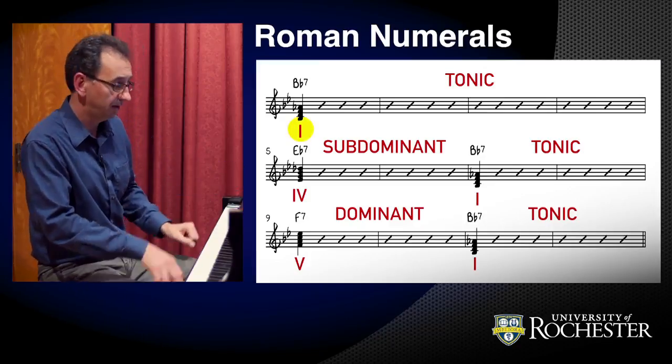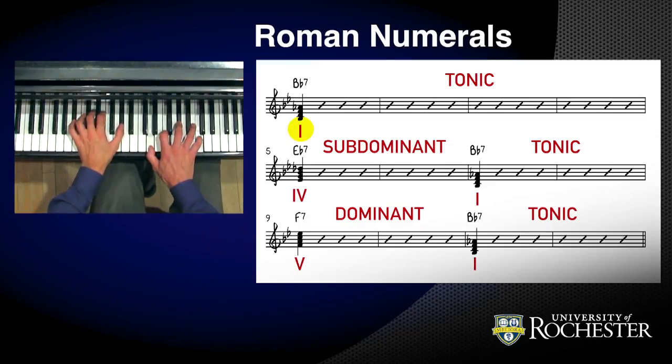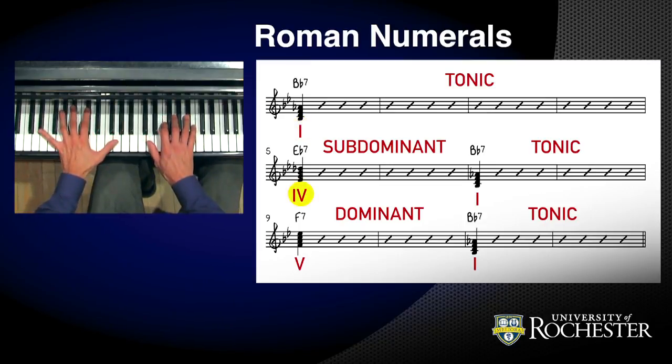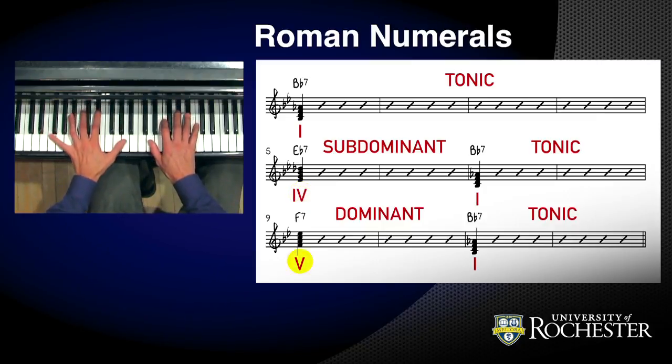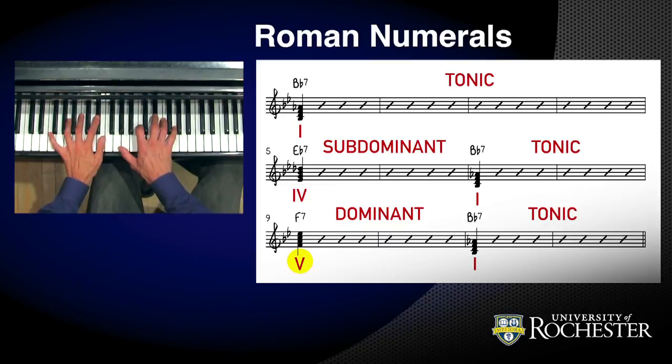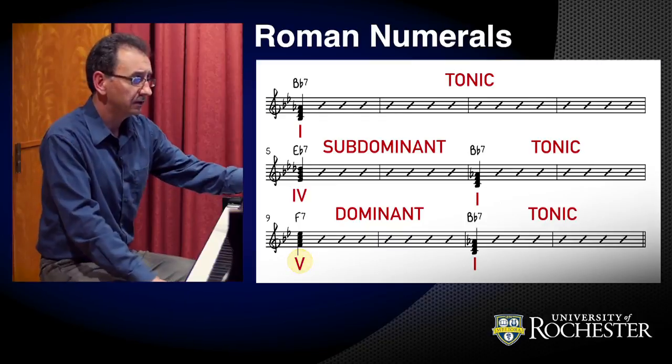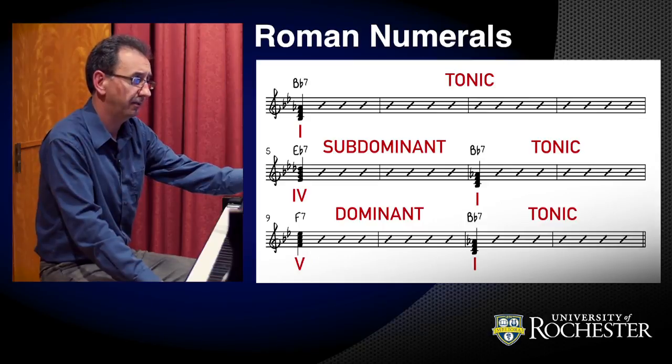So Roman numeral I refers to a chord built on scale degree 1, and it's usually a tonic chord. Uppercase Roman numeral IV is your subdominant, and uppercase V is the dominant. So this is our generic blues progression.